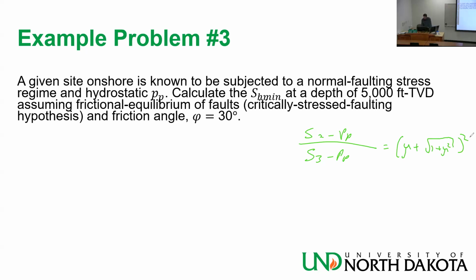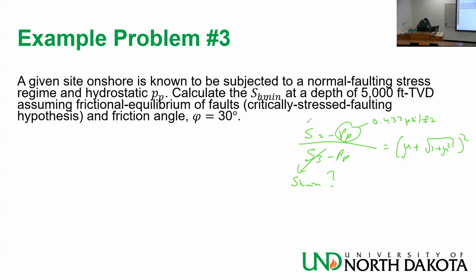I have hydrostatic pressure, pore pressure. So I know it's hydrostatic, that means 0.433 psi per foot. I'm looking for SH min, which I know is S3. This is what I'm looking for.